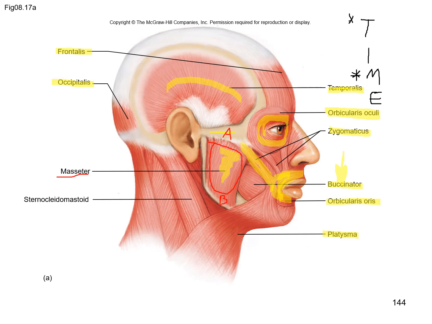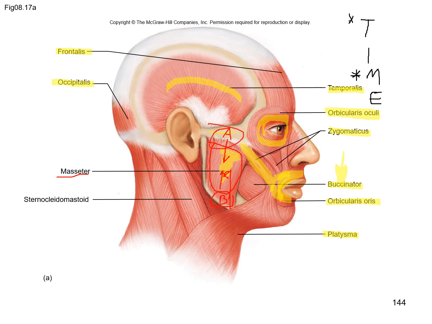When this muscle contracts, does A get pulled down to B, or does B get pulled up to A? All you have to do is clench your jaw muscle, and you'll see that B gets pulled up to A. B is the insertion, A is the origin.